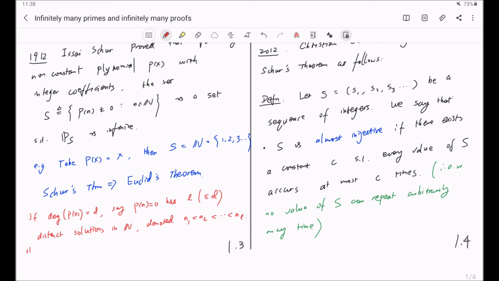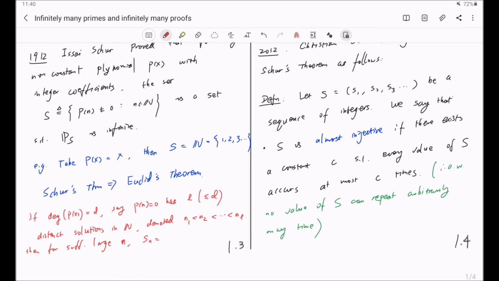Then for sufficiently large little n, because we consider S, we skip those values where p of n is equal to 0.